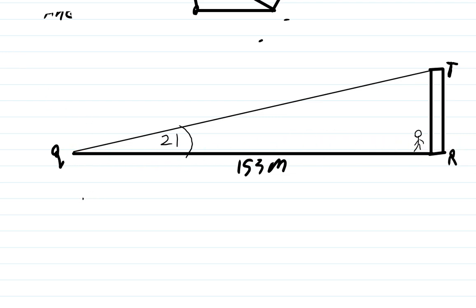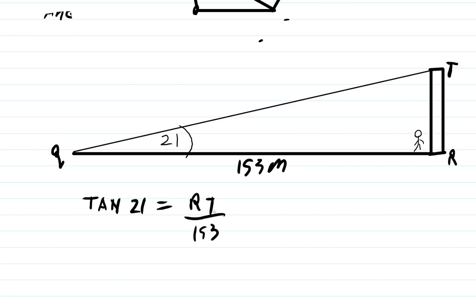So use the tangent ratio. Remember, the ratios would be in the formula sheet, right? So the tan of 21 degrees is opposite RT over the adjacent 153.